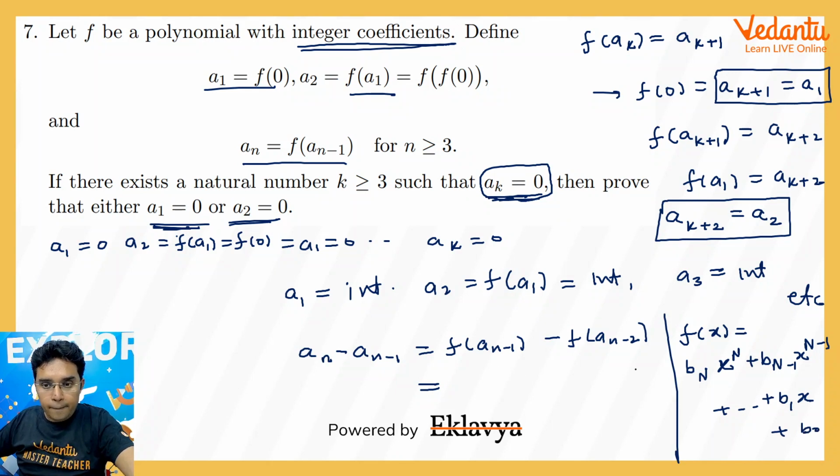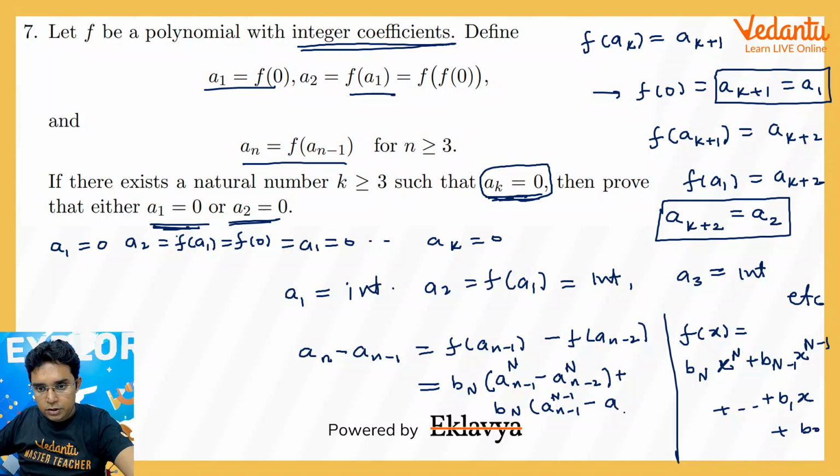So here you can see this f of an minus 1 minus f of an minus 2, if I do, I can take bN common, and here an minus 1 power N minus an minus 2 power N. Similarly, next term would be bN minus 1, and here an minus 1 once again, but power will be N minus 1 minus an minus 2 power N minus 1.